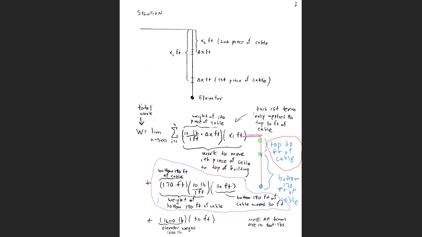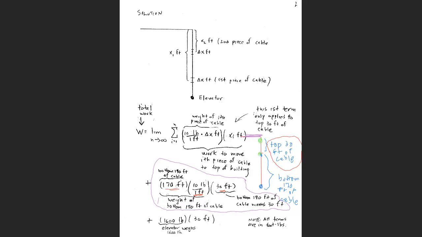Well, you would take that 170 feet of cable right here and multiply it by 10 pounds per foot. So that bottom 170 feet of cable is going to weigh 1,700 pounds. You multiply 1,700 pounds by 30 feet, and that's going to give the work needed to move the bottom 170 feet of cable up 30 feet.